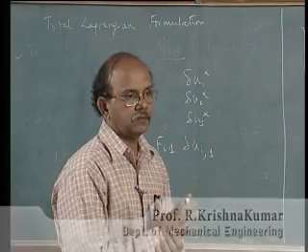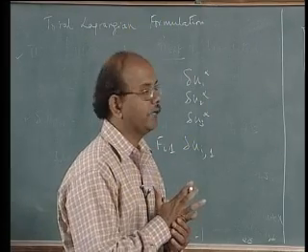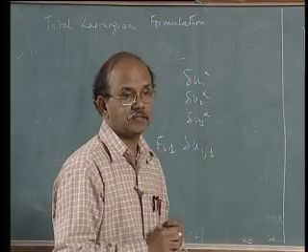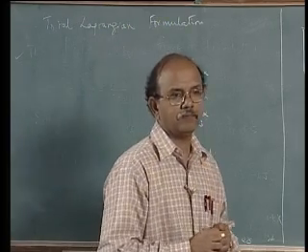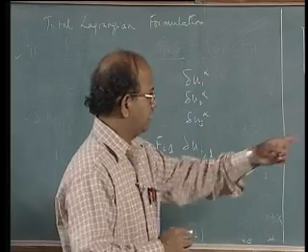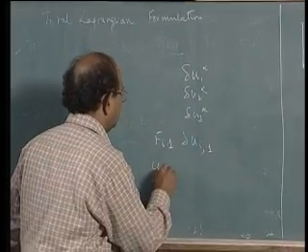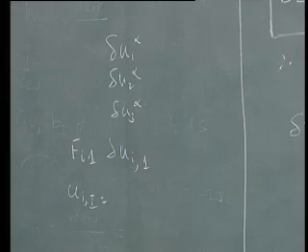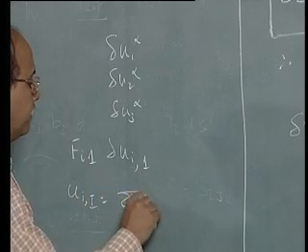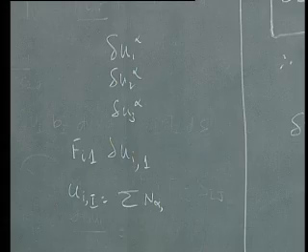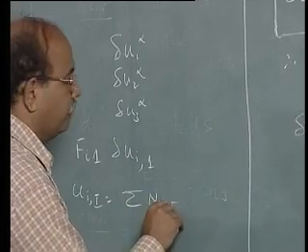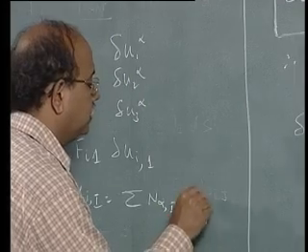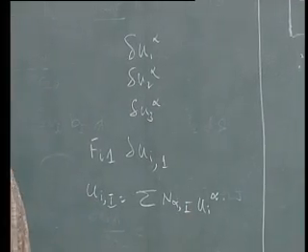Now, how do I get the first term in my B matrix, what we had written in the last class? I'm giving you a clue. u_i comma I, we had written as sigma N alpha comma I u_i alpha.